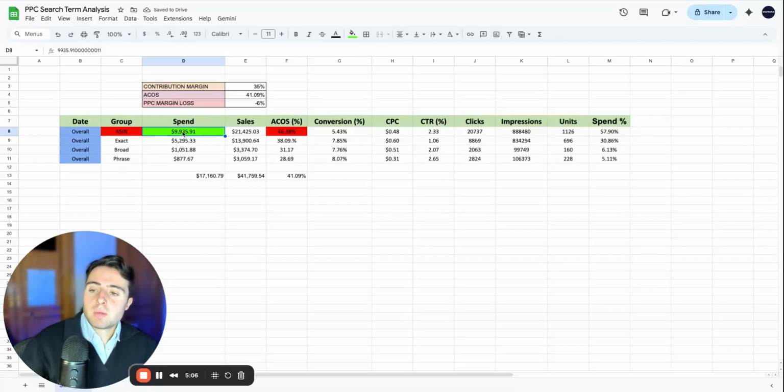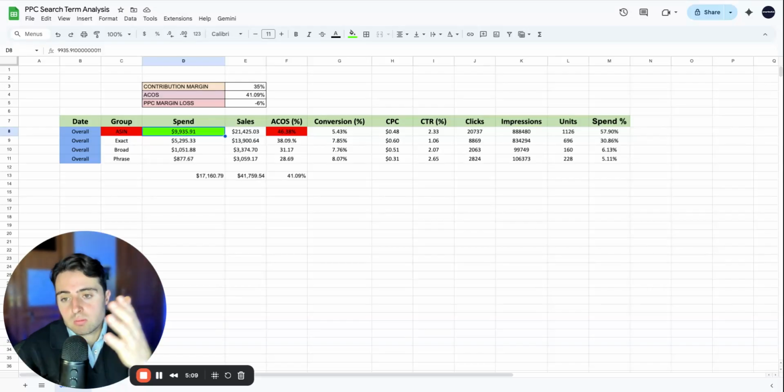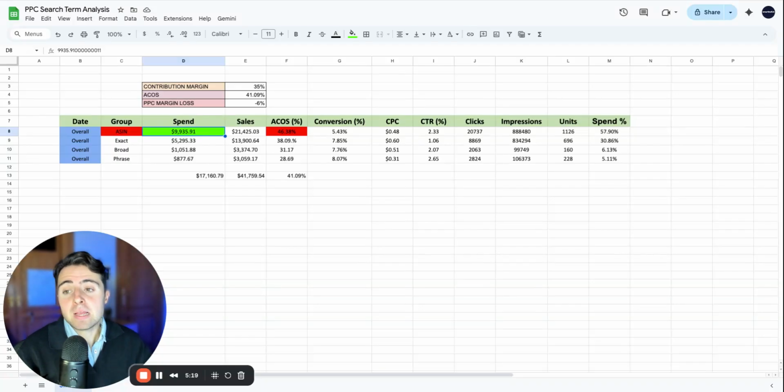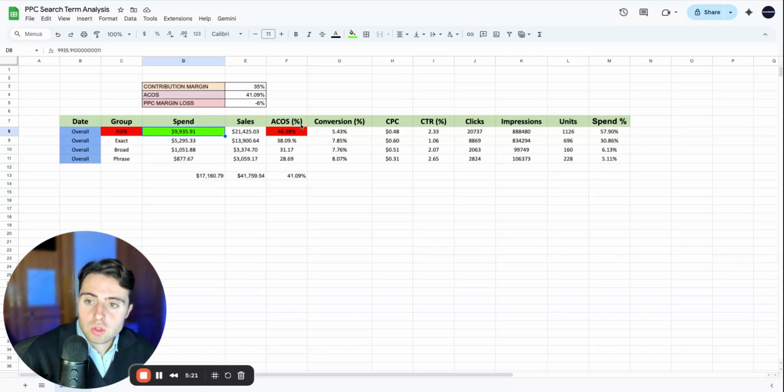So what we suggested doing for this was to really cut this in half or more and try to get the ACOS below the contribution margin. This way, all of our ASIN spending is really profitable. And that's the second key takeaway from today.